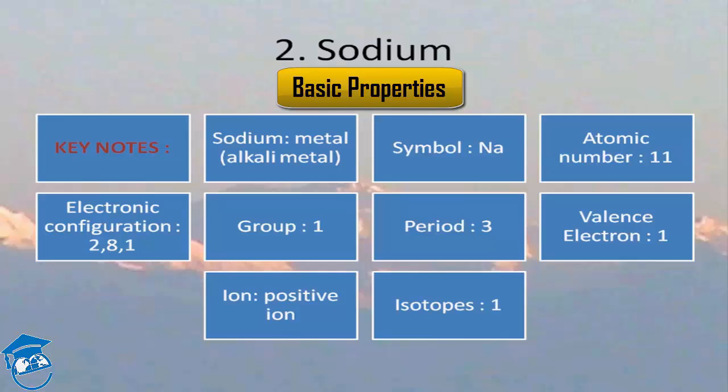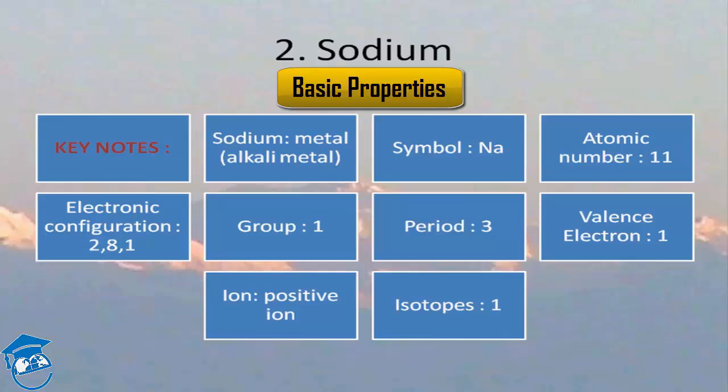Looking towards the electronic configuration, it is 2, 8, 1. This means that one electron is present in the outermost shell of sodium. Hence, it has only one single valence electron in its outermost shell.